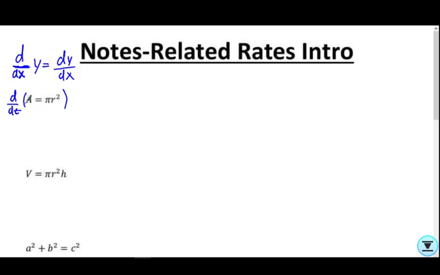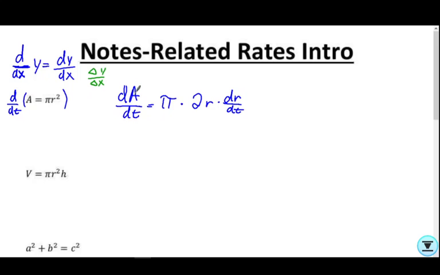So when we take the derivative of area with respect to time, we get dA over dt equals pi, which is just a constant. Then we take the derivative of radius squared, which is 2r. But since variables do not match, we also get dr over dt. So this is telling us that our change in area over change in time, because remember the derivative is slope, it came from the equation change in y over change in x.